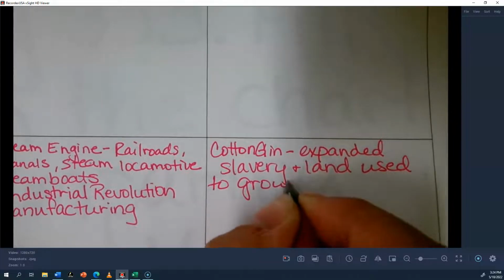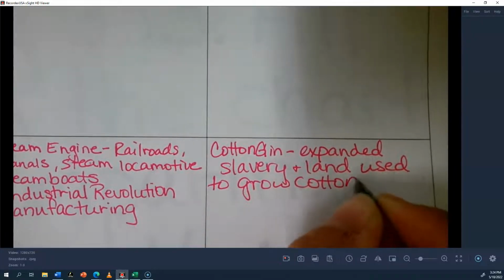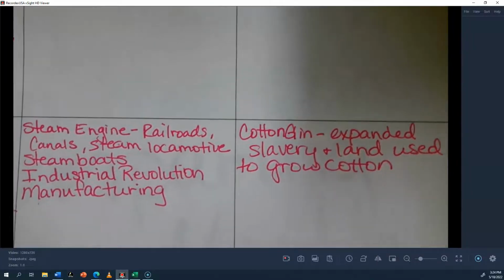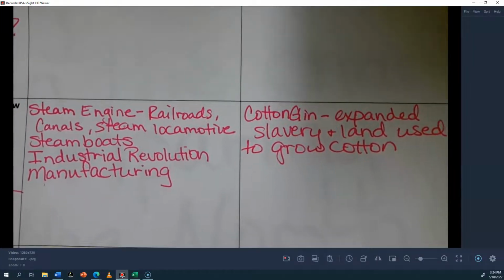Now, what I'm saying is that the cotton gin in so many ways allowed us to fight Tecumseh for that land, to send Andrew Jackson during the War of 1812.